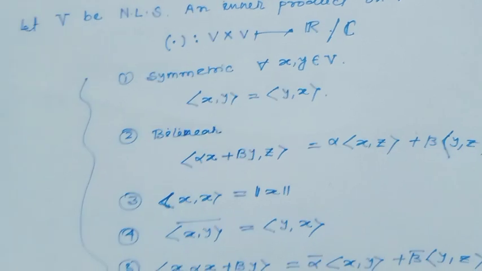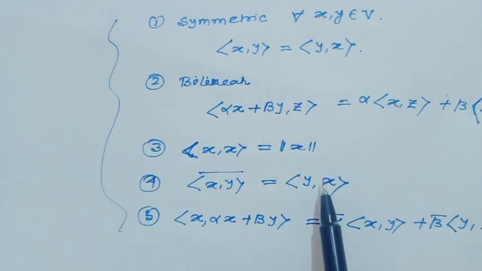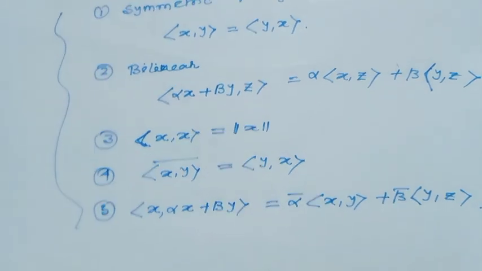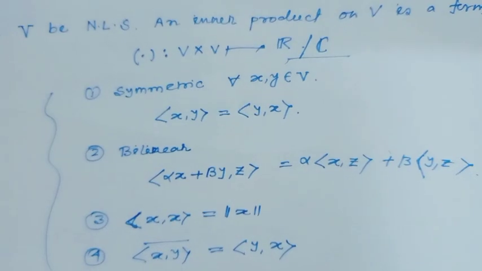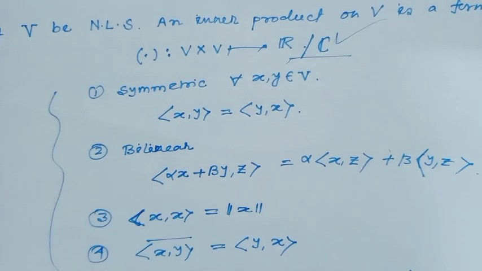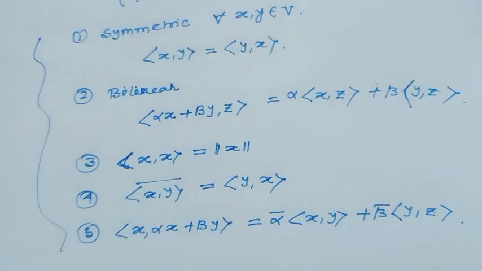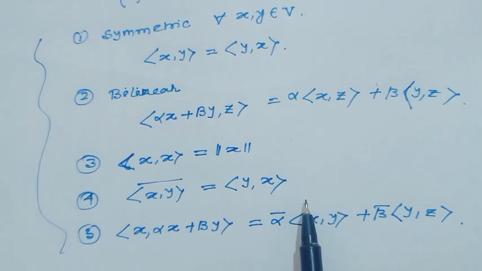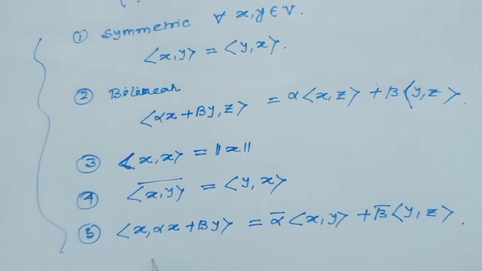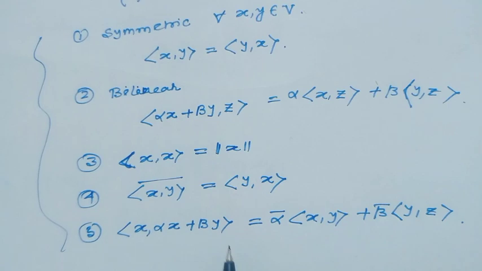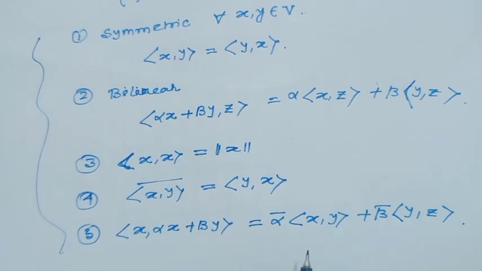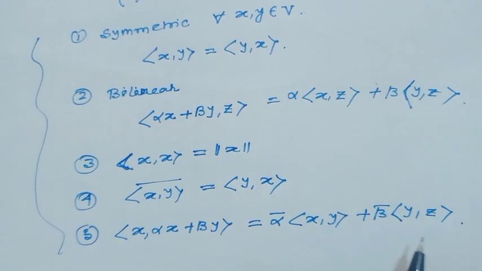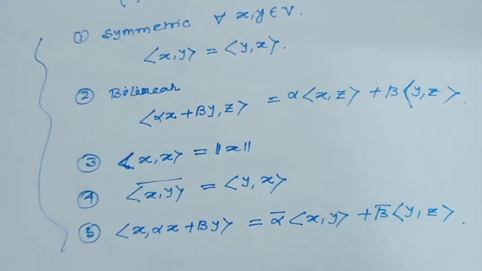Third, the inner product of x with itself is the norm of x squared. When I take the scalars to be complex numbers, then the conjugate of inner product x, y would be inner product y, x, and inner product x comma alpha y plus beta z is equal to alpha bar inner product x, y plus beta bar inner product x, z.